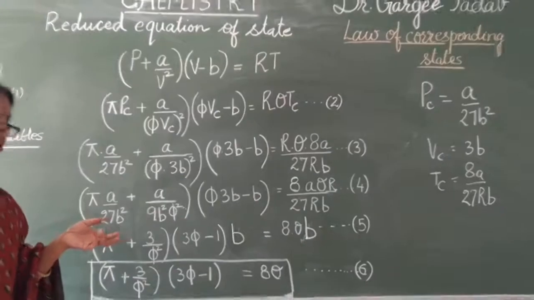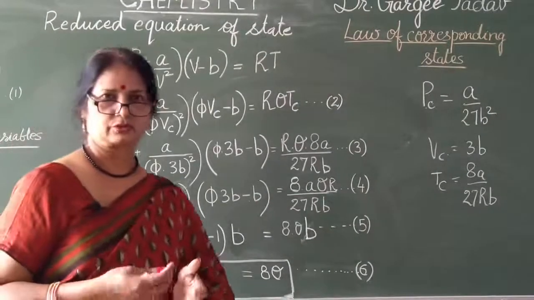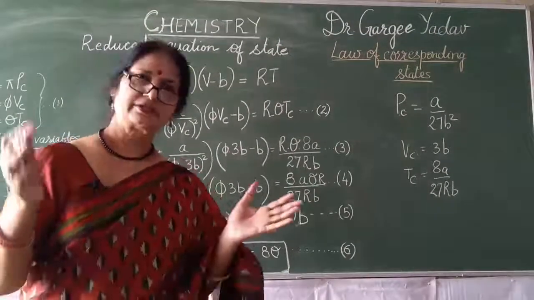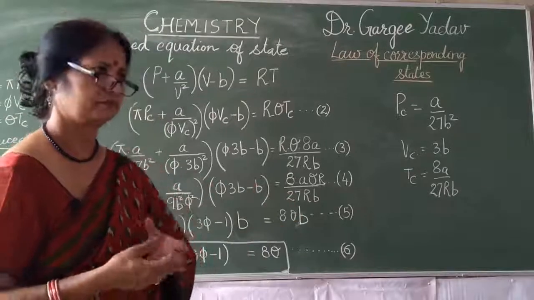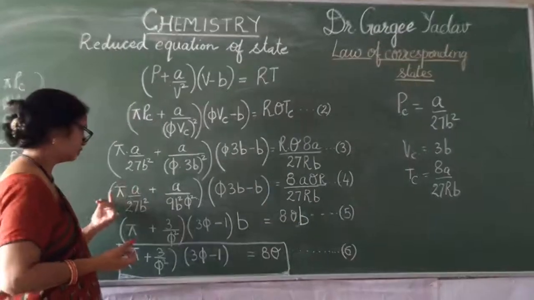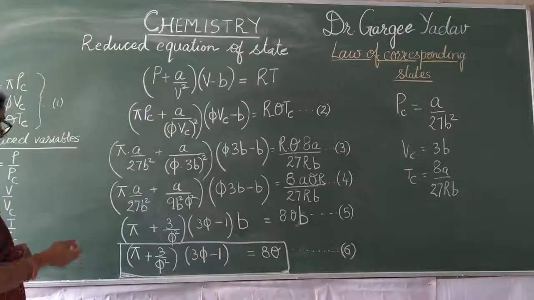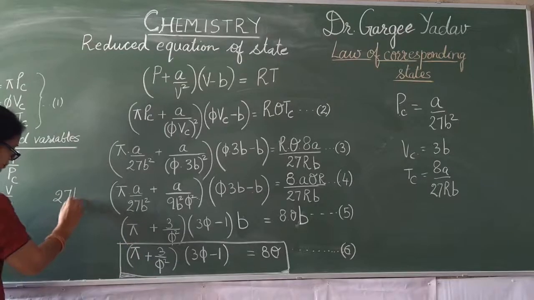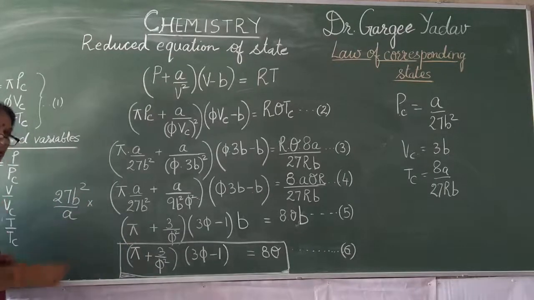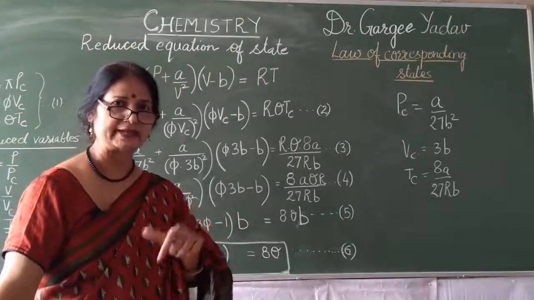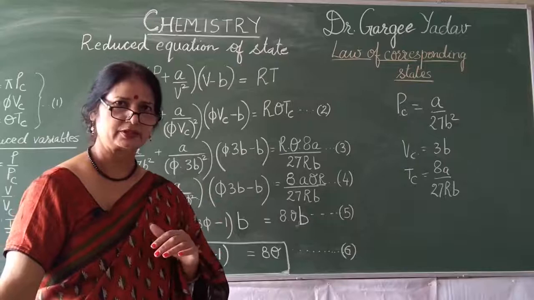Now, when we have to arrive at some conclusion, we usually multiply both sides of the equation by some factor, and here we have multiplied equation number 4 by 27b square upon a. Or in another way, we can say that we have divided it by a upon 27b square.